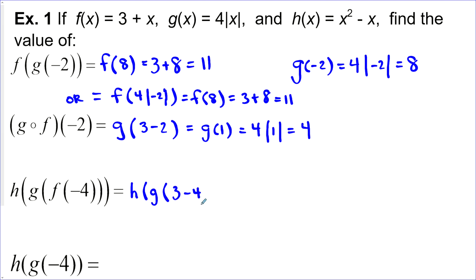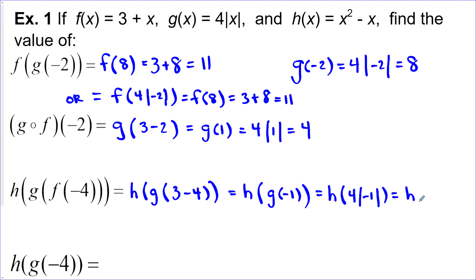It would look like this. h is just patiently waiting until the inner functions are done their thing. g at -1. g at -1 is just this here at -1, which equals 4. h at 4 is this thing. So 4 squared minus 4 is 16 minus 4, which is 12.